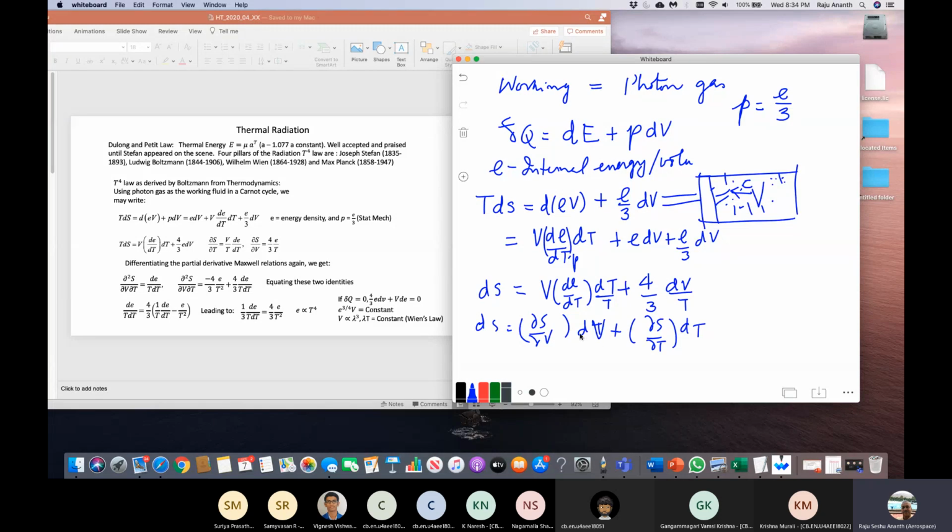So this is the equation, this is constant T, this is constant T. So you can say that I can equate this to this.